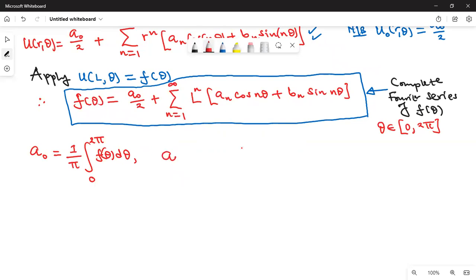Another coefficient is a subscript n equals 1 over pi, the integral from 0 to 2 pi of f of theta times cosine of n theta. Remember what you are calling this one. I should combine it with this because the whole of this is the coefficient of cos n theta. So I should have added here L raised to n.